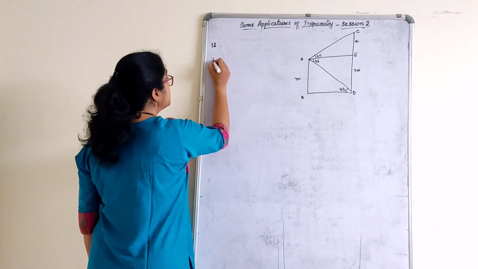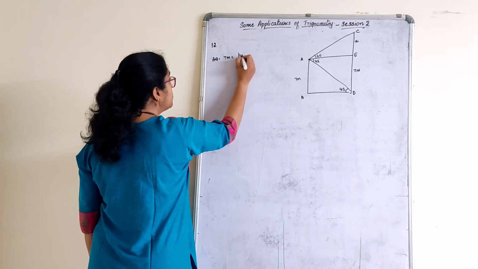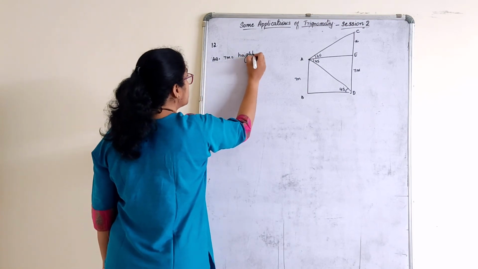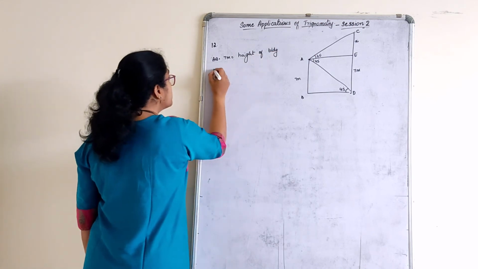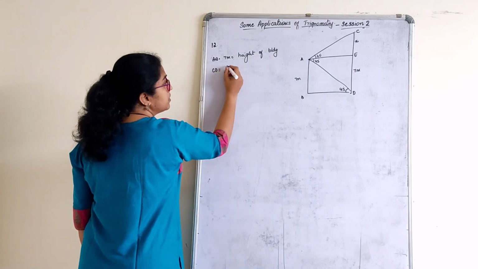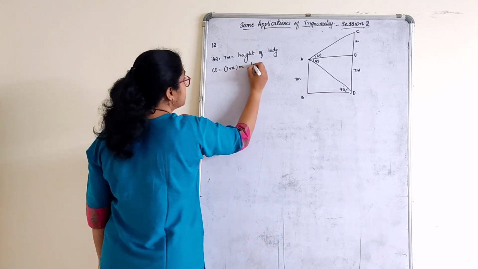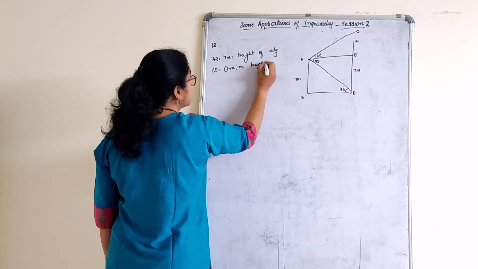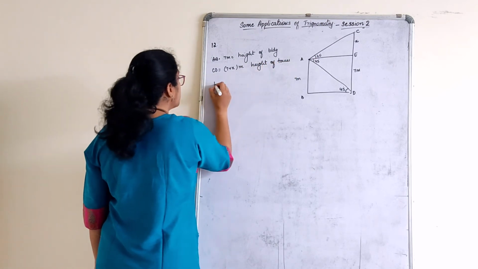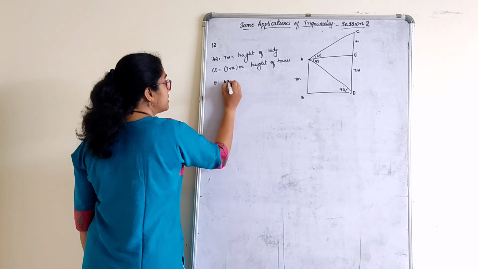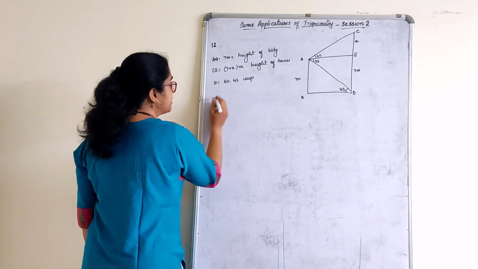So write first. AB is equal to 7 meter, height of building. CD is equal to 7 plus x meter, height of tower. Theta is equal to 60 and 45 degree respectively.